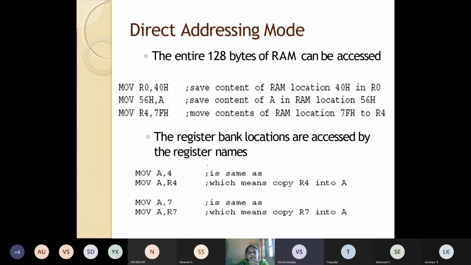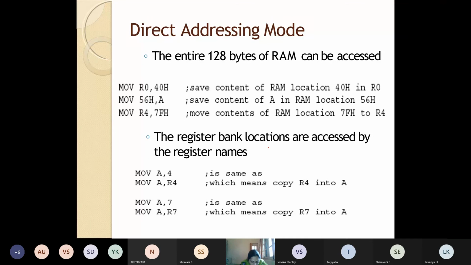No, ma'am. So 128 bytes of RAM can be accessed from 00 to 7F. Initially, 00 to 07 is bank 0, 08 to 0F is bank 1, 10 to 17 is bank 2, and 18 to 1F is bank 3.